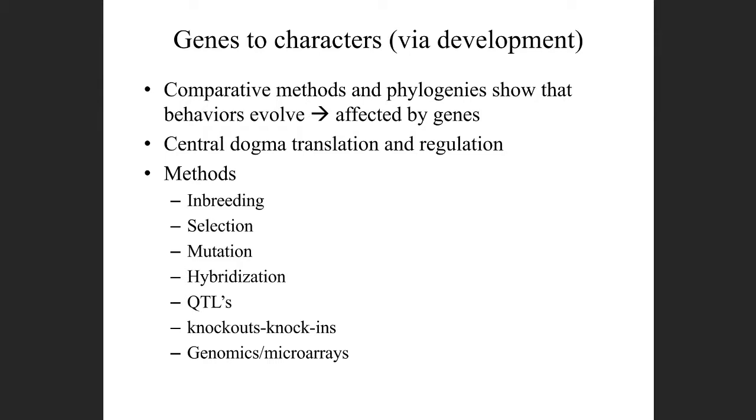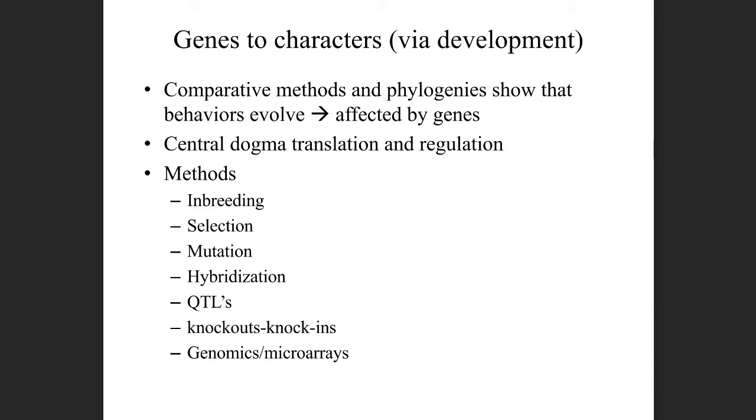So I'm going to show a bunch of things, how comparative methods and phylogenies show that behaviors evolve. In other words, many examples of taxa that share a common ancestor more recently also sharing more behaviors. So if behaviors are often conserved phylogenetically, that means that they are affected by genes, just like morphological shape traits are often shared phylogenetically.